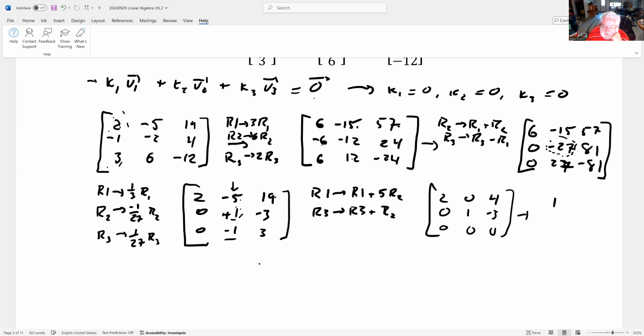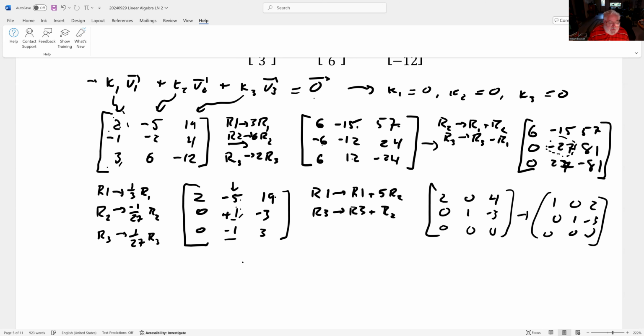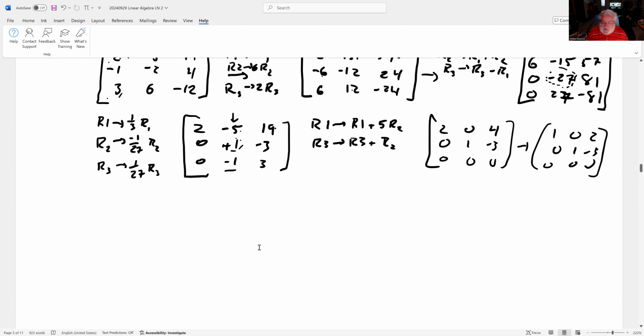And then we can divide the top one by 3. So remember that these were the coefficients of K1. These are the coefficients of K2, and the third column is the coefficients of K3. To turn this back into equations, remember that our right-hand side had been 0 all along.